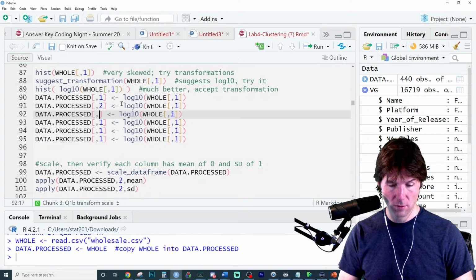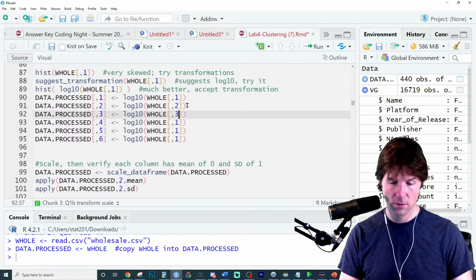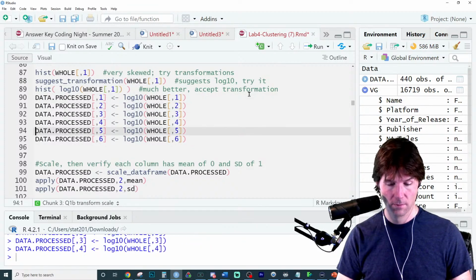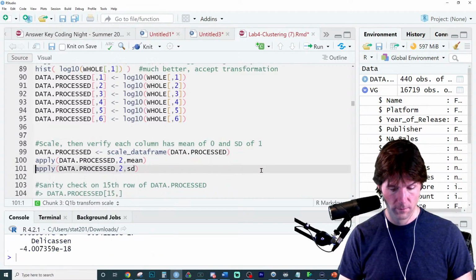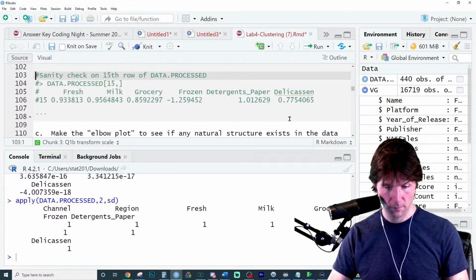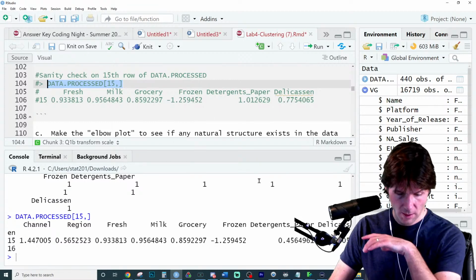So we can actually go 2, 3, 4, 5, 6. 2, 3, 4, 6. And we're good to go. And double check this. There we go.